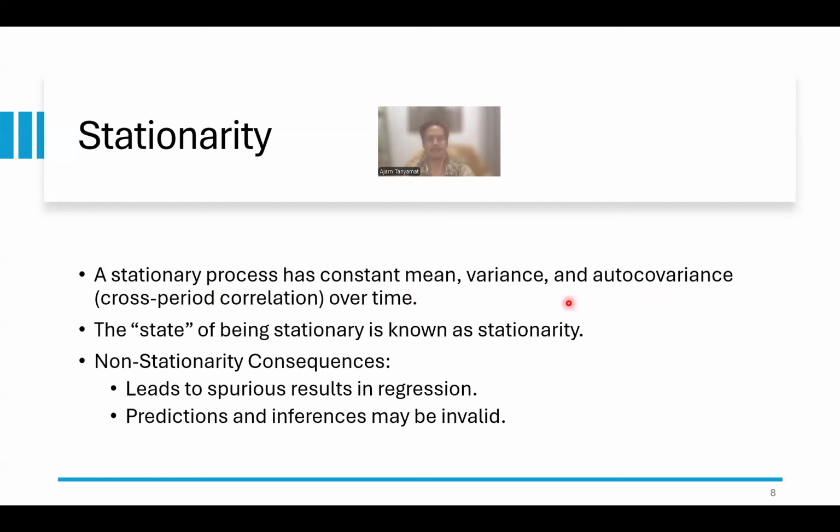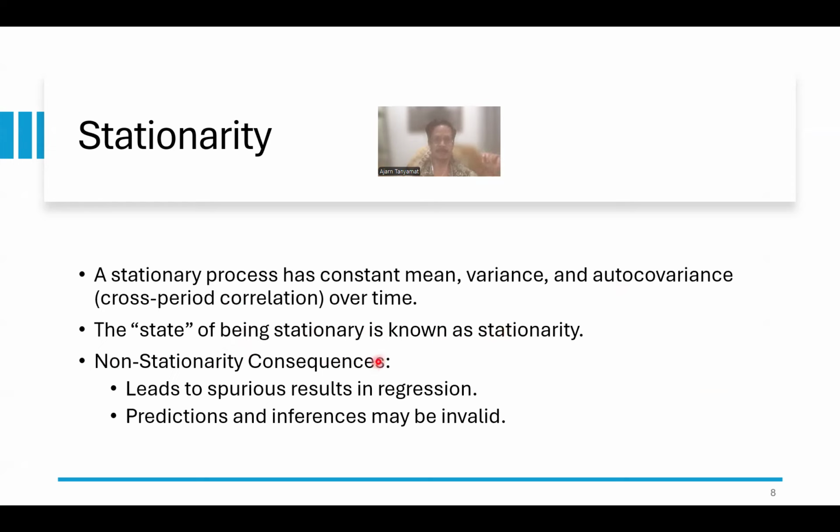Okay. Over time. So a stationary process has a constant mean, variance and autocovariance structure, no matter what time period you look at. So the state of being stationary is known as stationarity. Stationarity. I know it's a mouthful, but you're gonna have to get used to it because you're gonna have to say it a lot. Stationarity.